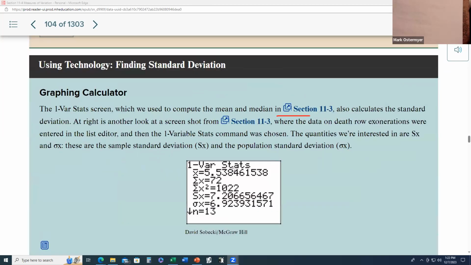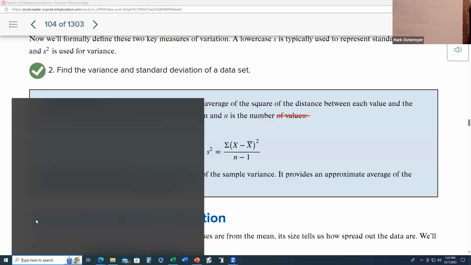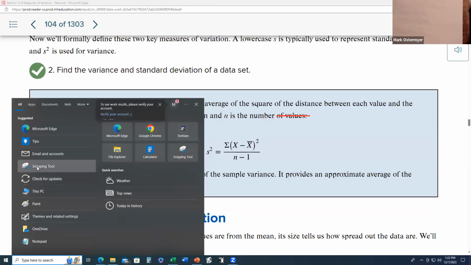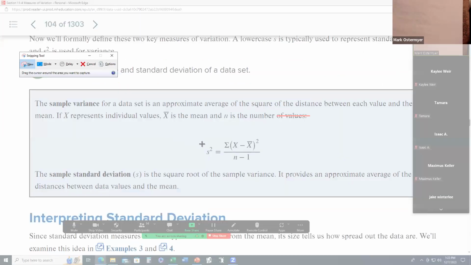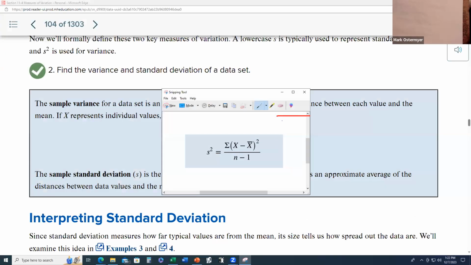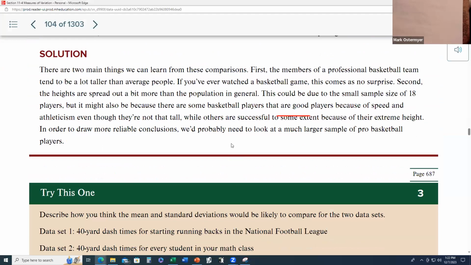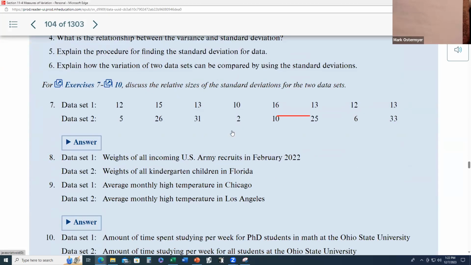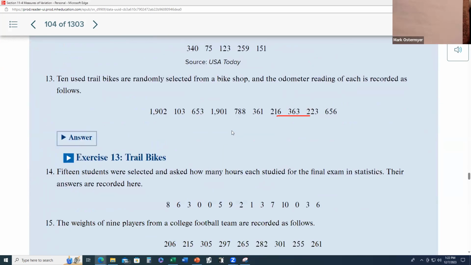I'm going to go back up here and get the formula for the variance, snip it, and bring it down to number 13 so we can see the formula we need. Remember, the standard deviation is the positive square root of the variance.